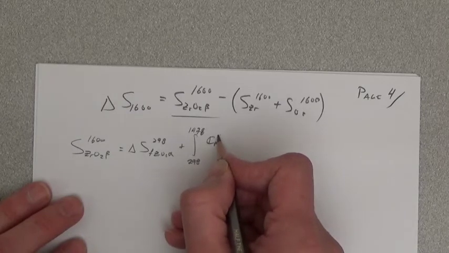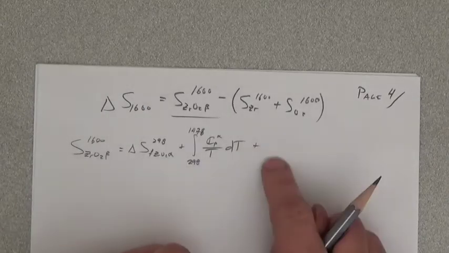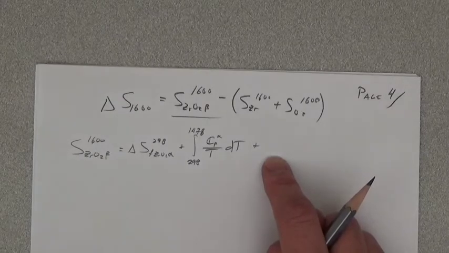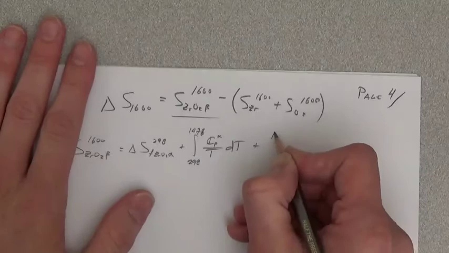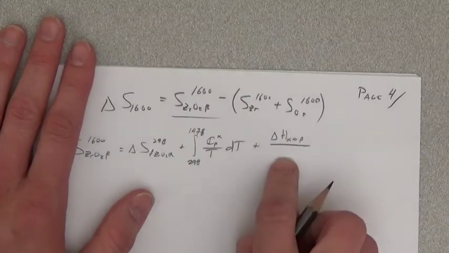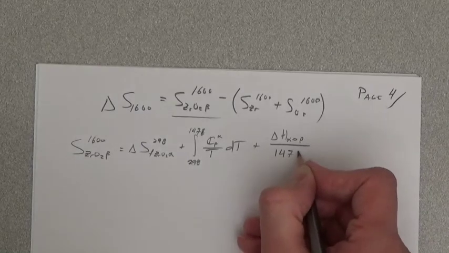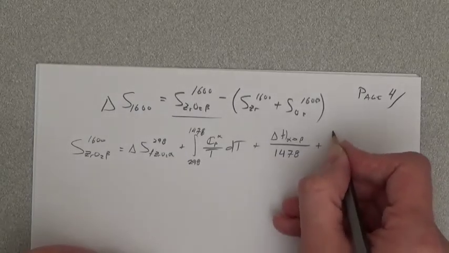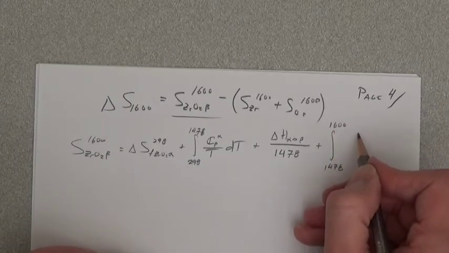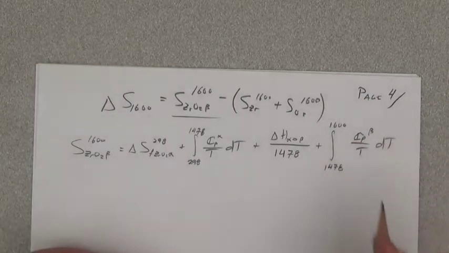of the isobaric heat capacity of the alpha phase divided by T dT, plus now we need the change in entropy that occurs for the transformation, and the change of entropy is going to be given by delta H alpha to beta divided by the temperature of transformation, which is 1478, plus the integral from 1478 to 1600 of Cp of the beta phase over T dT.